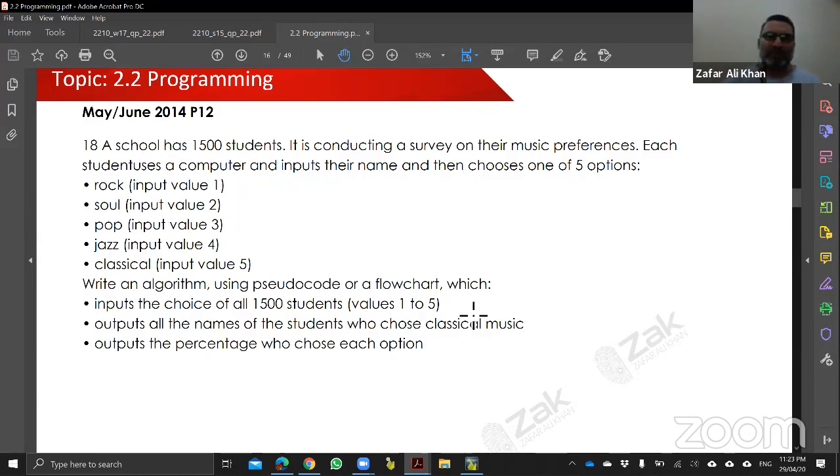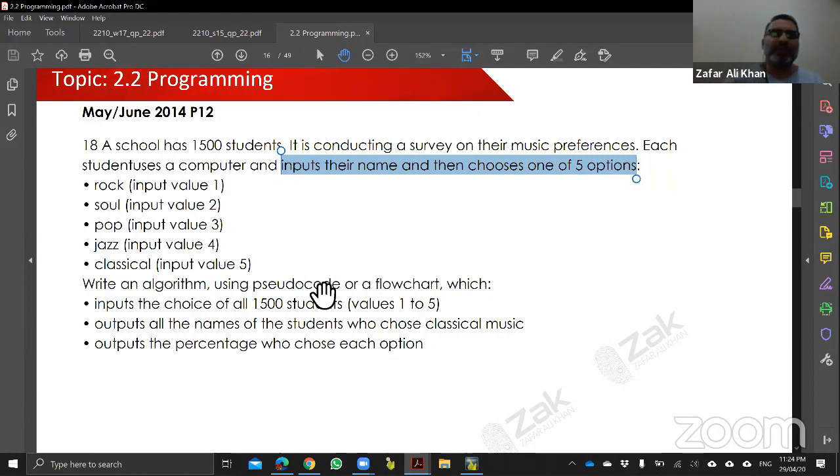So every student will be required to input their name and their choice, which is one of the 5 options. So there will be a loop for count is equal to 1 to 1500, and then input name and choice.